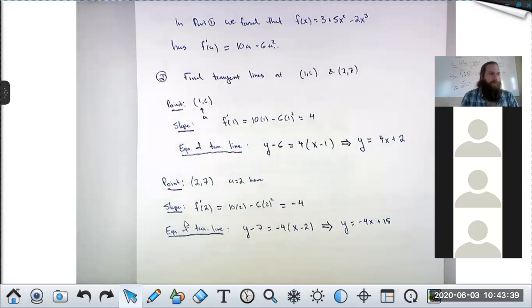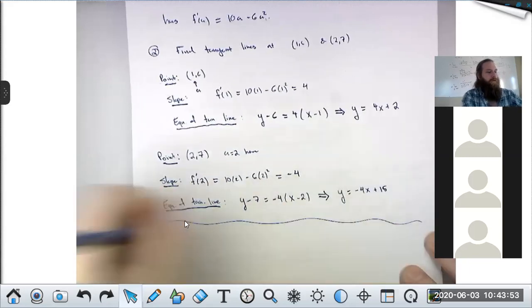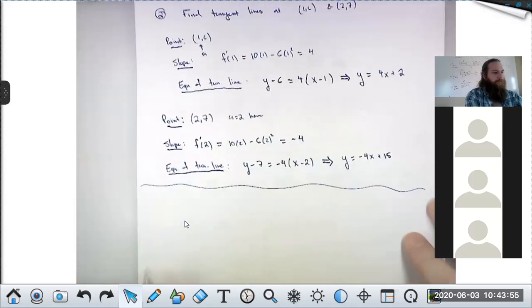Okay, so real quick, there's a little bit more good juju we can get out of this problem, and it's going to lead us in the direction that I wanted to spend the rest of today's lecture on. Look up at the top there where we've got f prime of a equals 10a minus 6a squared. So we're leaving example land now.